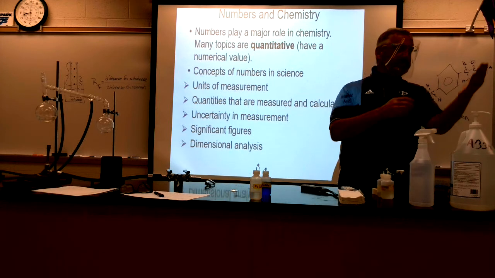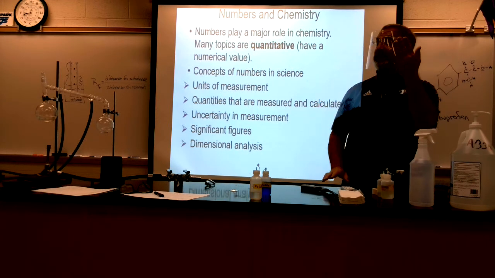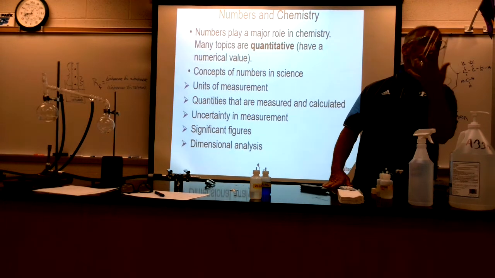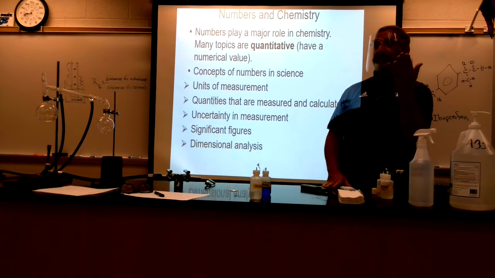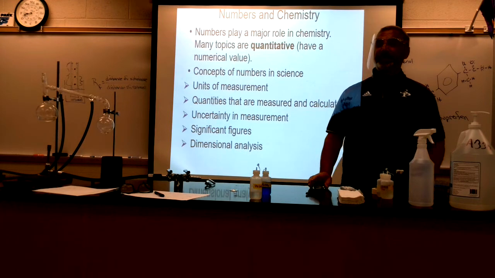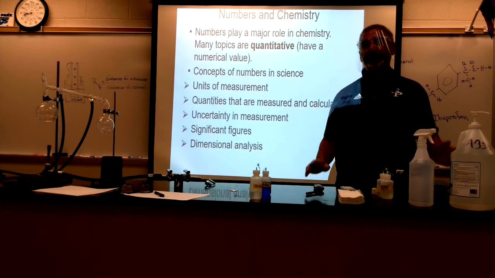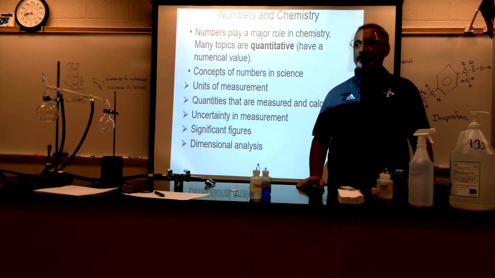A cubit was the distance from the king's elbow to the tip of his fingertip, and that was 18 inches. Now, if the king had short arms, it would vary, but we've now established it to be 18 inches. Okay? A foot was the average size of a soldier's foot. Okay, but that varied too, but they finally made it 12 inches.